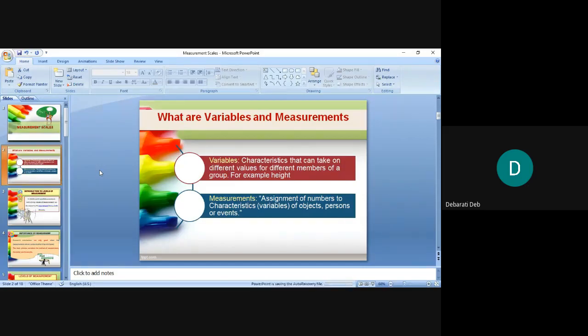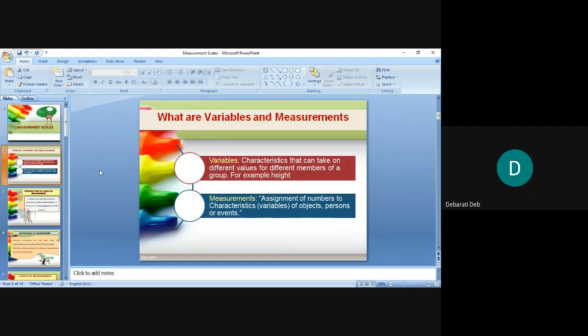You will collect the data from a group of people selected from a certain location. Most of you have selected the particular areas in which you will work, and from that area you need to select a particular group of people, and from them you will collect the data for a particular variable.